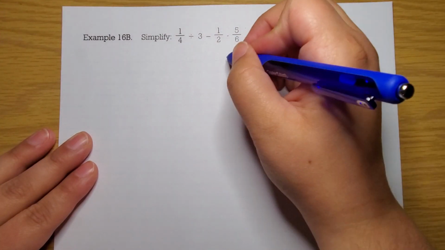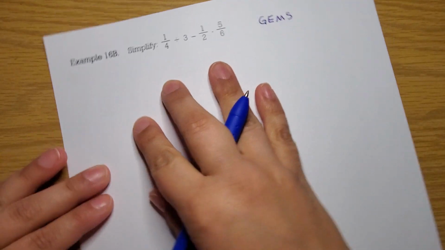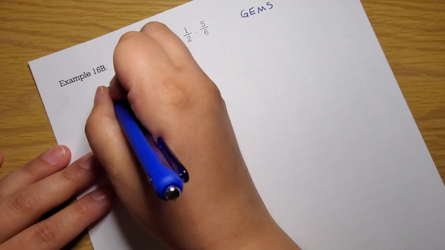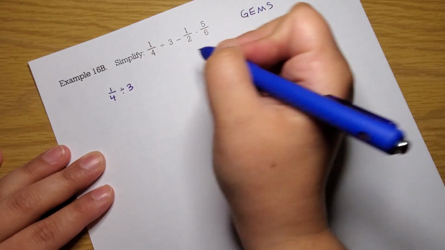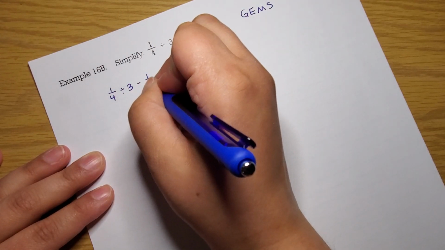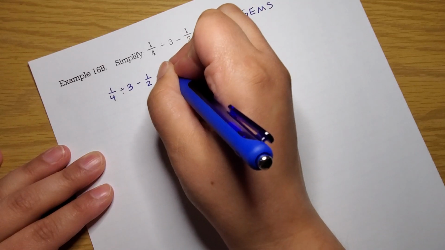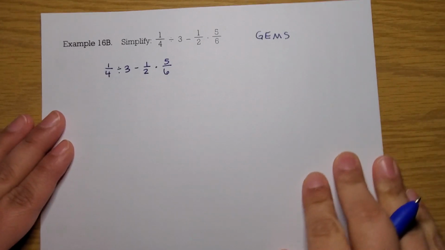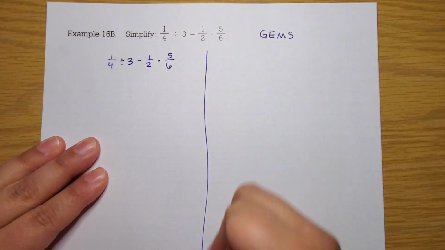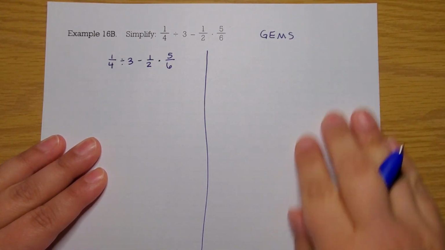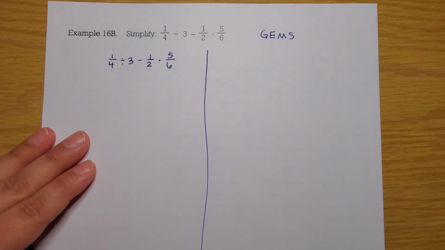Then I'm going to copy this question off to the left a little bit: 1/4 divided by 3 minus 1/2 times 5/6. That's where I'm going to keep my main problem, and I'm going to do all of my scrap work over here on the right.